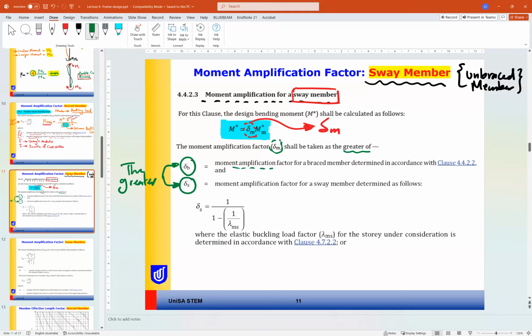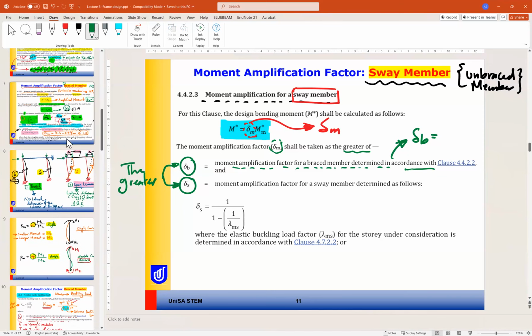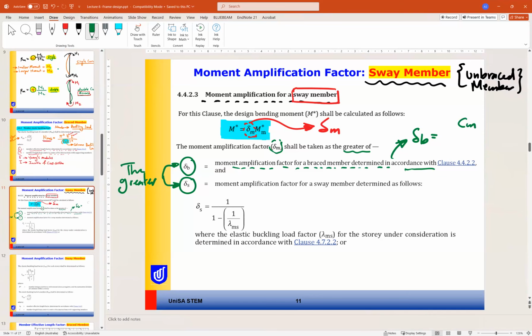Delta b is similar to what we calculated in the previous step, delta b equal to Cm divided by 1 minus N asterisk divided by Nomb, and it should be more than 1.